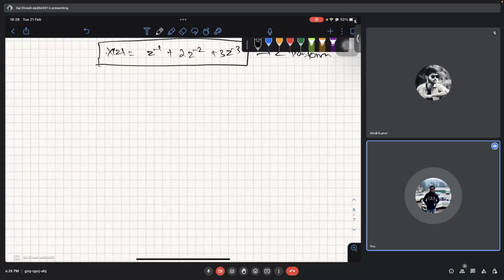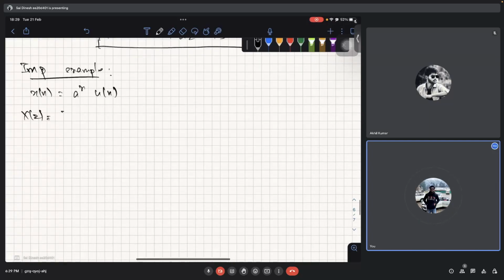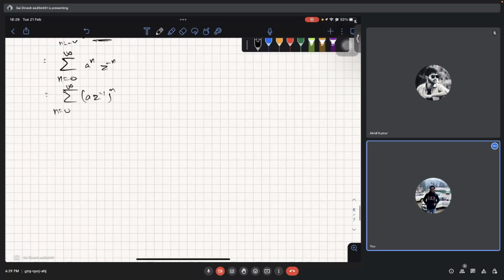Right. So one more important example is, let's say x of n is a power n into u of n. So in this case, x of z is equal to the sum from n equal to minus infinity to infinity of a power n u of n z power minus n. Because of the u of n term, we get the sum from n equal to 0 to infinity of a power n z power minus n, which is the sum of a z inverse whole power n, which is equal to 1 by 1 minus a z inverse.